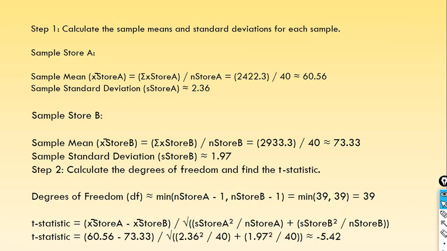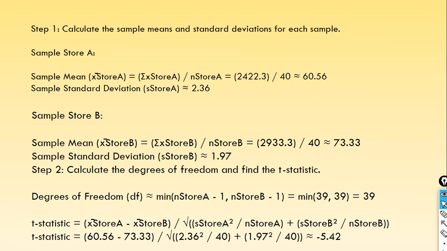The p-value here is close to 0, so it tells us there is strong evidence against the null hypothesis. The p-value is very, very less, which means it is not favoring your null hypothesis. It is against it. Hence, we conclude that there is a statistically significant difference in the average purchase amount between the two stores at the 95% confidence interval.